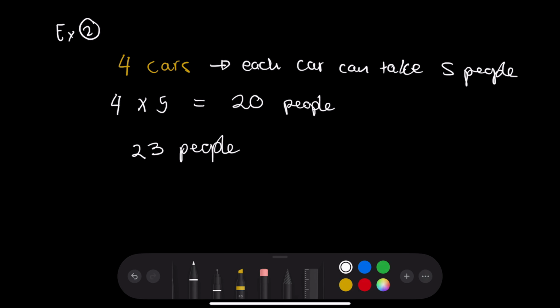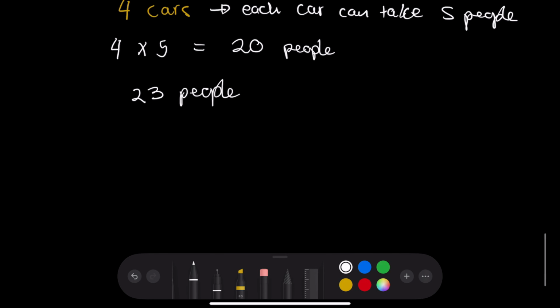And you're trying to consider how many cars I would actually need to accommodate these 23 people. Let's say 23 people need transport.